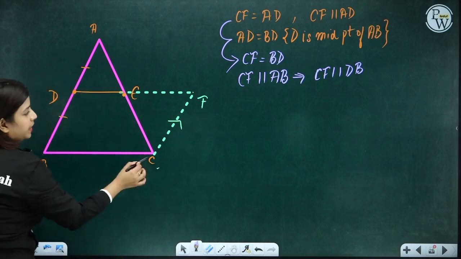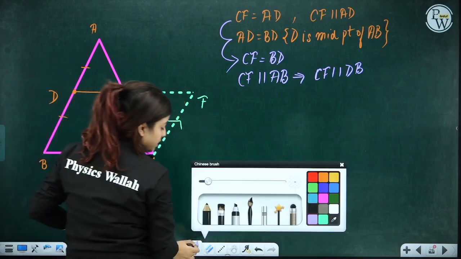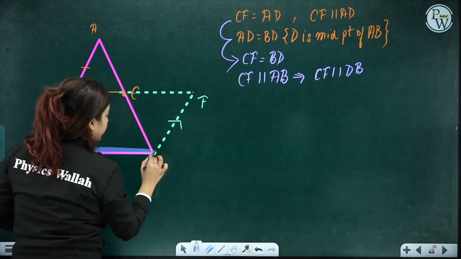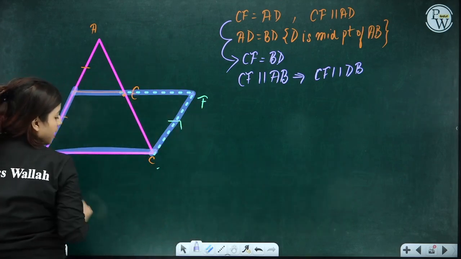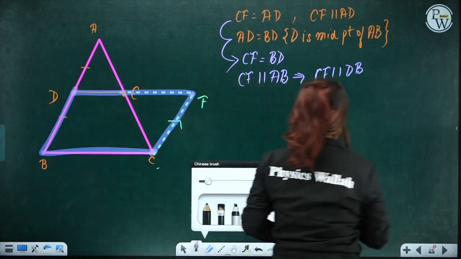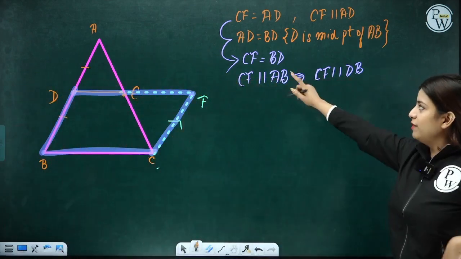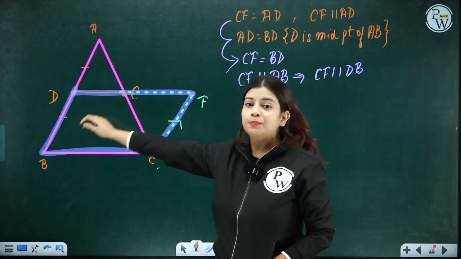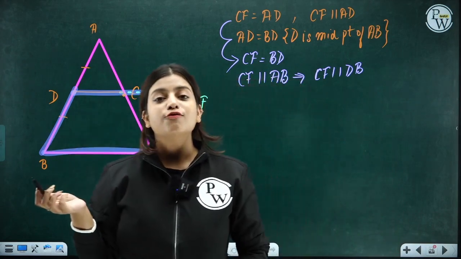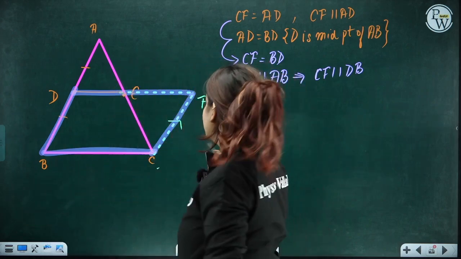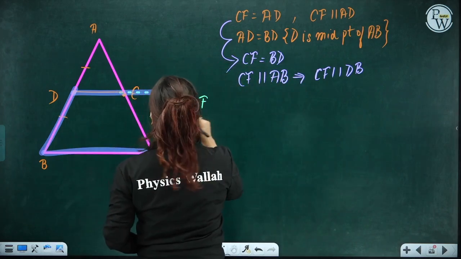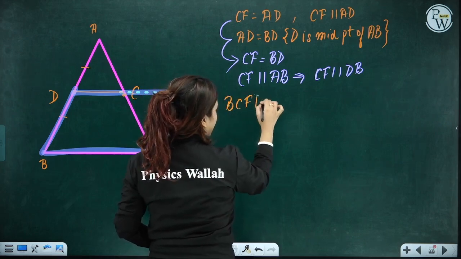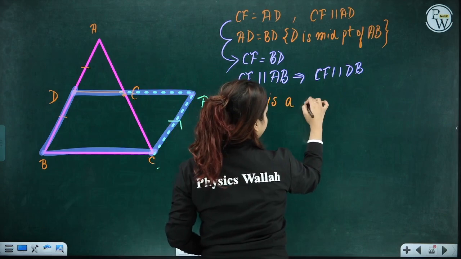That means BCFD. Listen to me very carefully, students. We are taking this particular figure and trying to prove it a parallelogram. We have proved that CF is equal to BD and CF is parallel to BD. Since one pair of opposite sides are equal and parallel, we can simply say that DFCB or BCFD is a parallelogram.